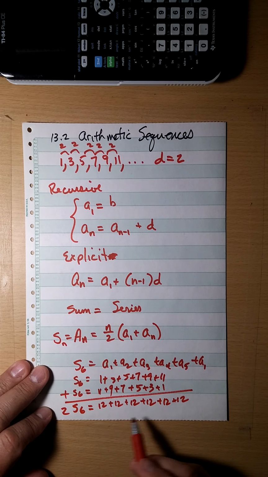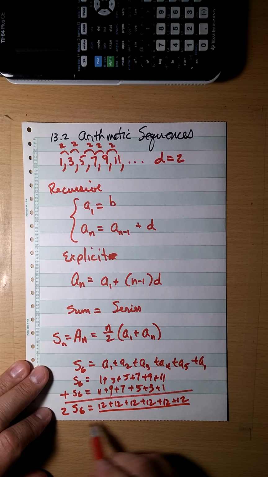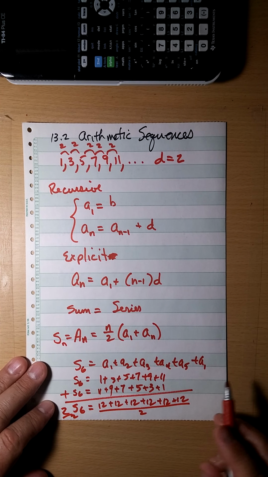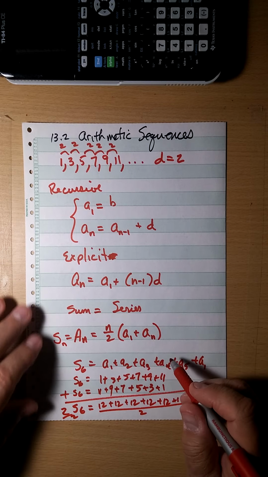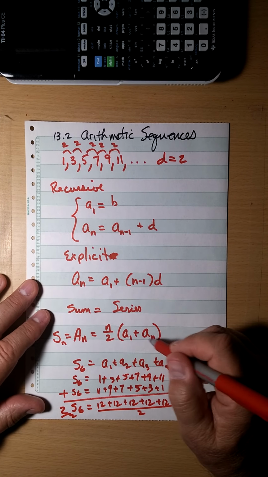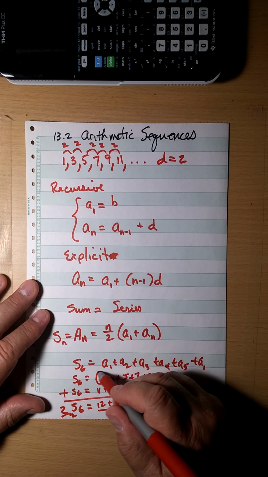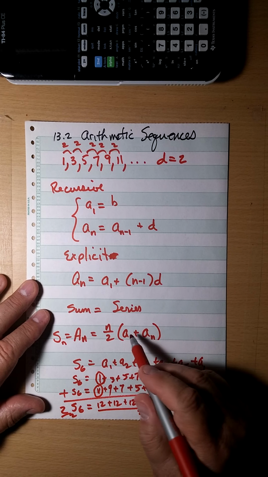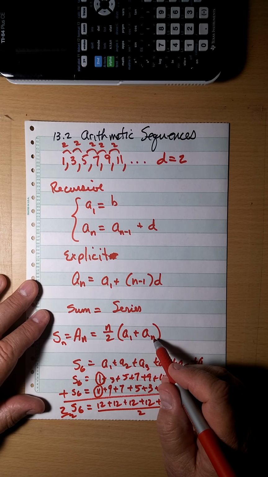Well, if we divide both sides by 2, then we can figure out what S sub 6 is. So, if we look at this as the formula, a sub 1 is 1, a sub 6 is 11, there's the a sub 1 plus a sub n.